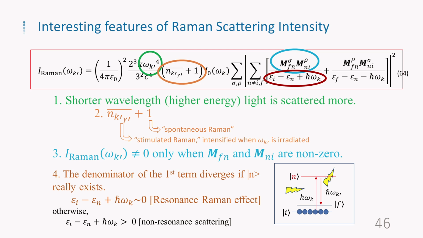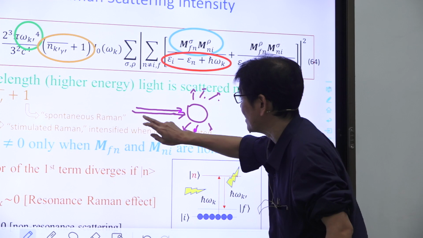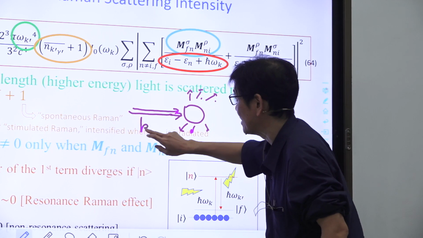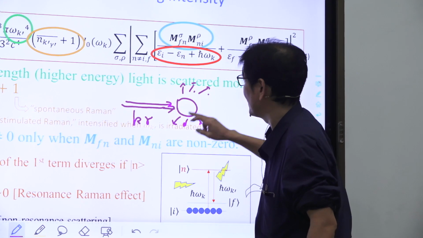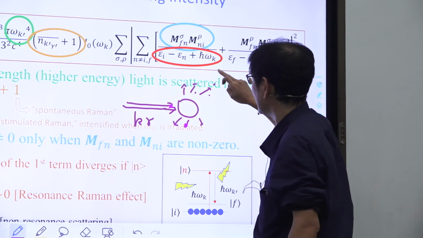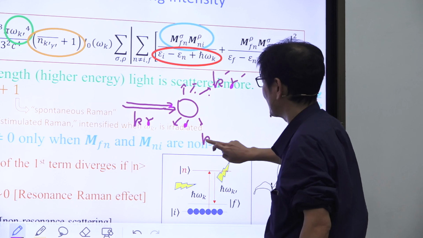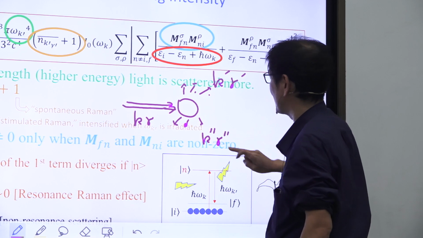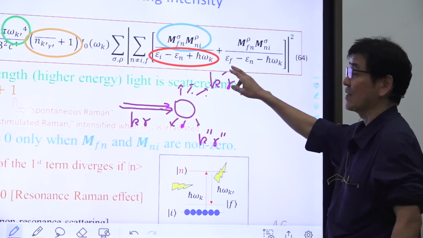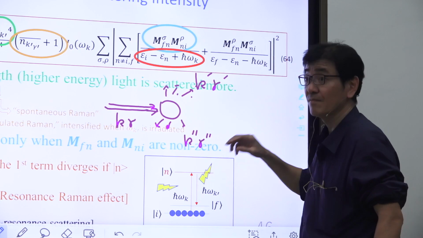So the excitation beam is specified by K gamma, and scattered light is K prime gamma prime, depending on the direction, having a different wave number vector.